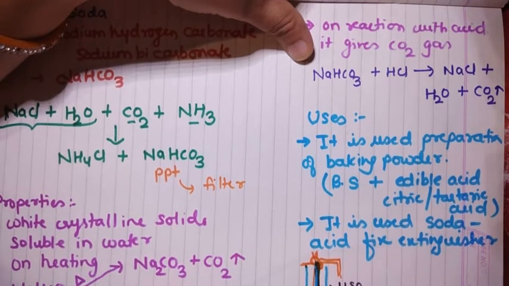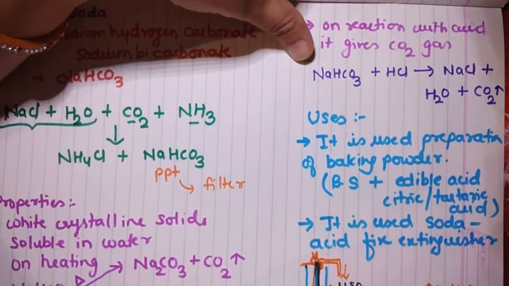Now what will happen? The reaction takes place and you will get CO2 gas plus some amount of water also, and this CO2 gas will evolve with pressure, and from this nozzle it will come out, and wherever we want we can use this CO2 gas.